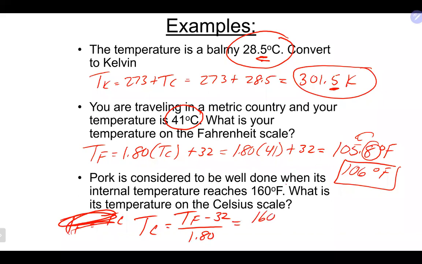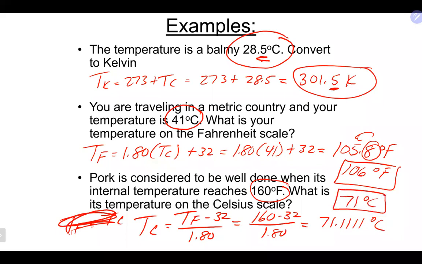The temperature in Fahrenheit was 160, so 160 minus 32, hit equals, divided by 1.8, hit equals. That gets you 71.1111 degrees Celsius. I should take this one to 71. Once again, our original value was a whole number, so we will take it to 71 degrees Celsius. Any question on any of those conversions?